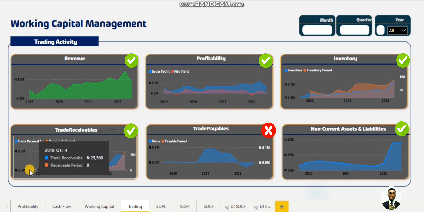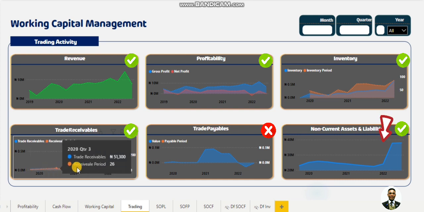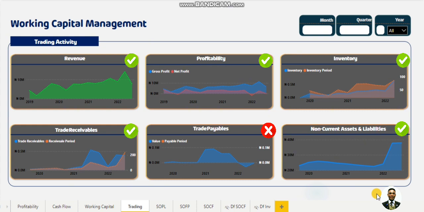And we also see that the business exhibited the symptom of increased non-current assets in an effort to get machineries that will be able to meet up the demands.